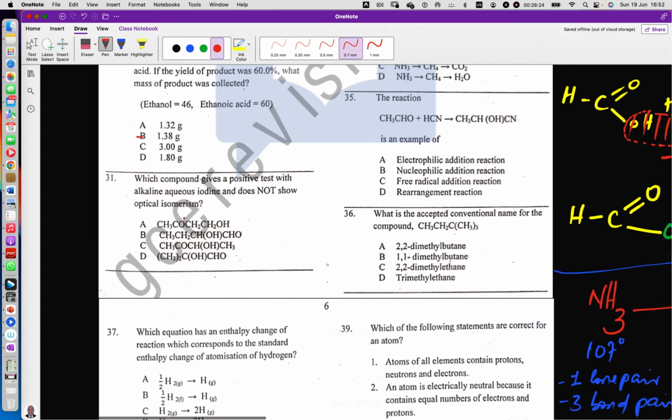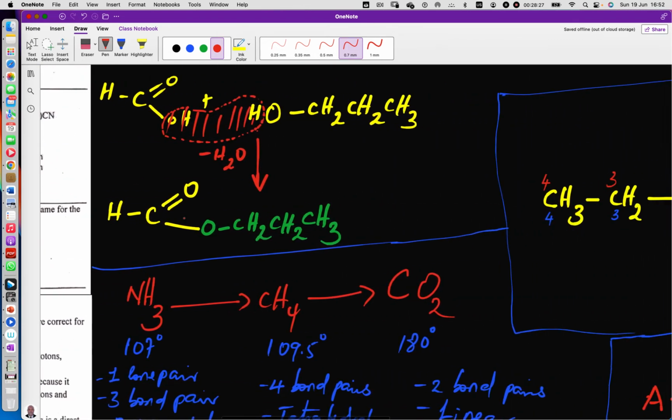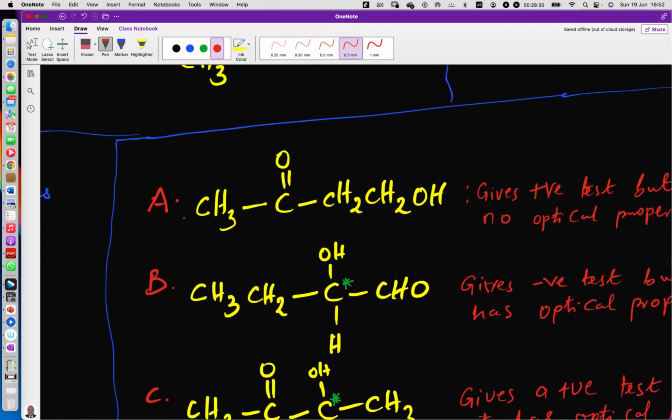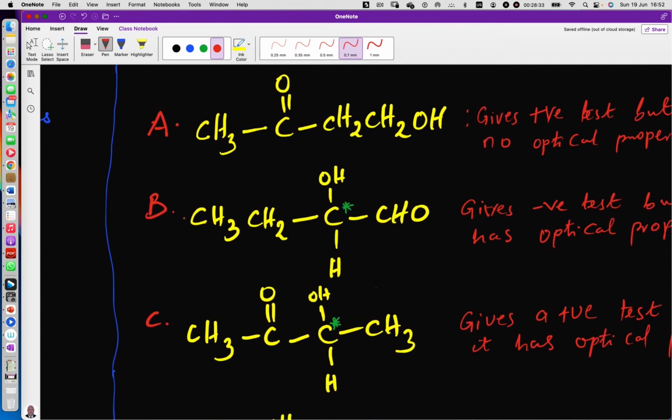Let me just show you something here. For a compound to have a positive iodoform test, it must have a methyl group that is attached to a carbon atom that has the functional group, and the functional group here is the keto group.